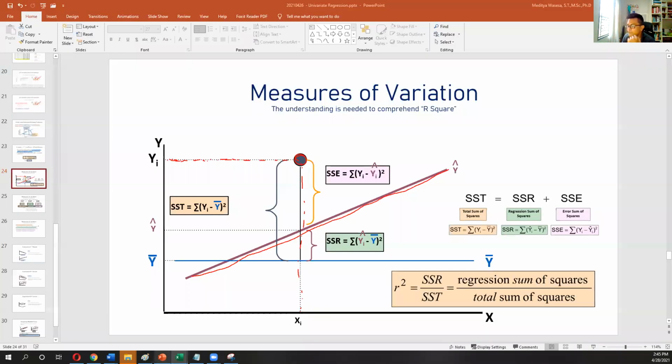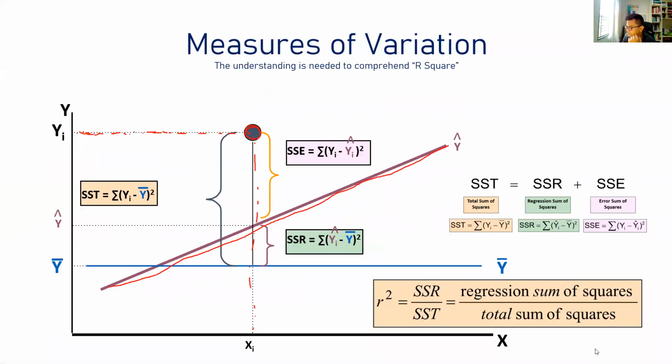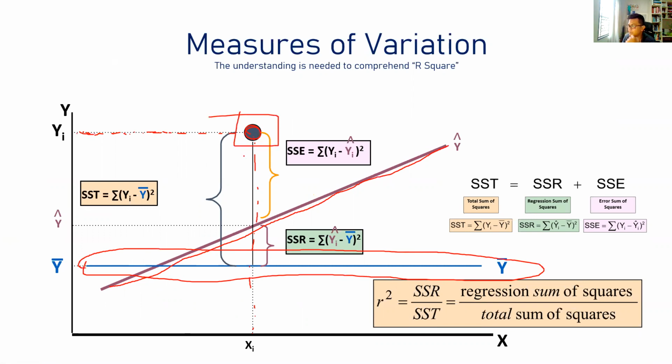However, if we use only the mean value, here is the mean value. So this is, for example, function A. We use the mean value to predict the actual value.